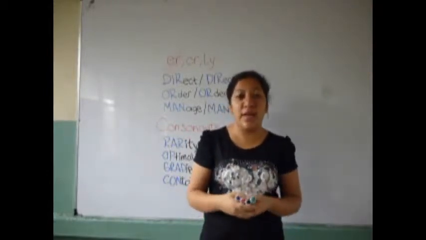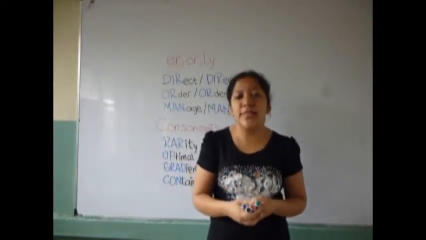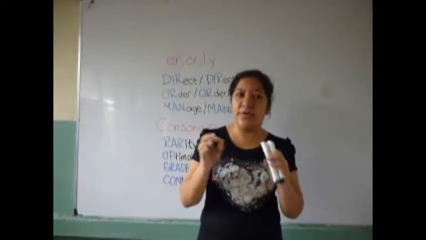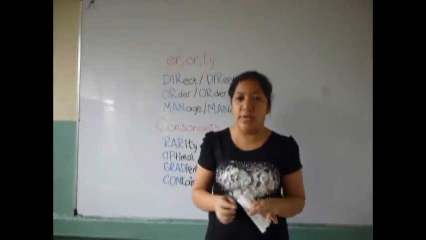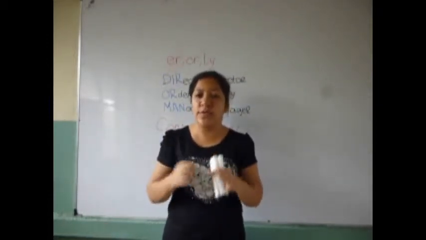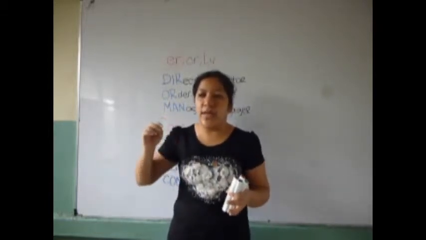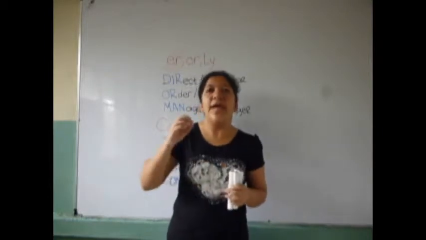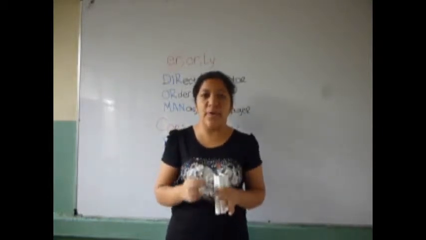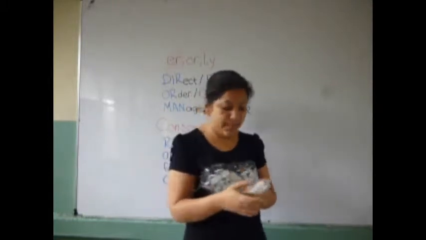In order to understand the stress in syllables in words, we must firstly understand how the words are separated in English. In Spanish, like in other languages, the syllables are separated by the letters or the vowels that are in the word. But in English, it's different. In English, the syllables are divided according to the sound. For example, every syllable must contain a vowel or a vowel sound.